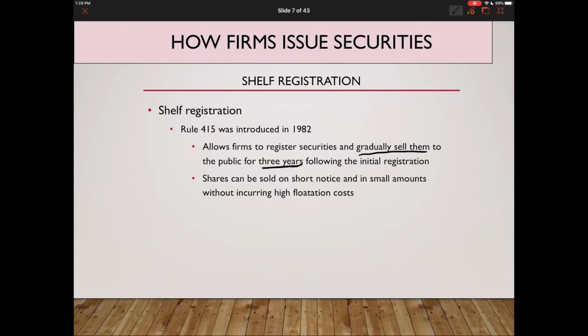So they register their securities initially, and then they can distribute them over a 3-year period with little additional paperwork. As a result, these shares can be sold on short notice and in small amounts without incurring high flotation costs. Issues that are not yet distributed are referred to as on the shelf. They have already been approved, they have just not yet been distributed.